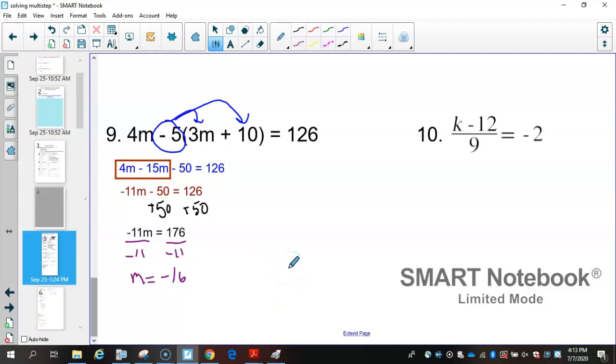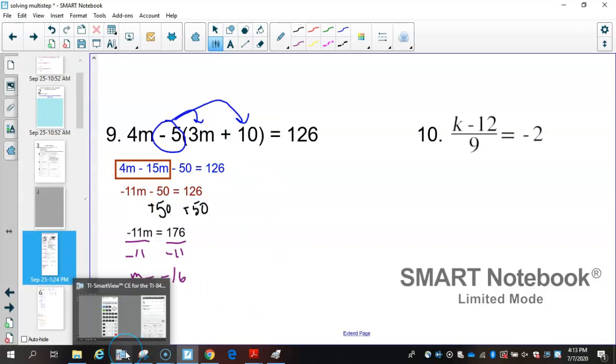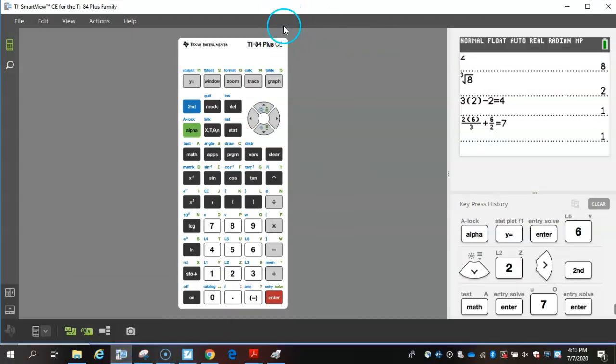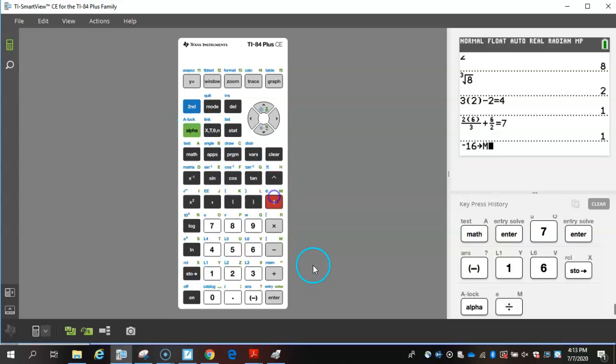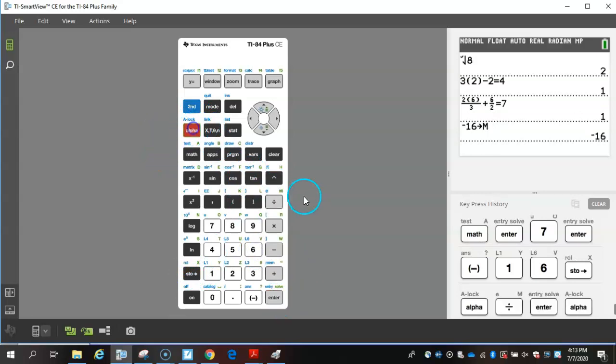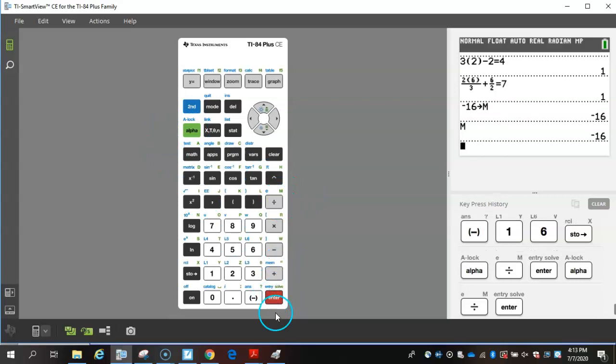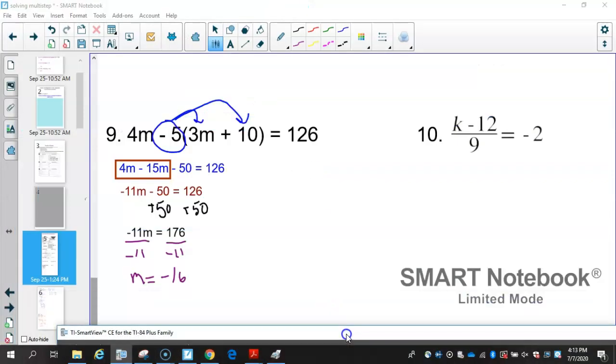Right? Before I go ahead and show you the other method on how to do this, I just want to double check that that does work, because remember, we should always be double checking. So instead of typing in negative 16 every time I have an m, I'm going to go ahead and store negative 16 as m, so that every time I press m, it will automatically do negative 16. Right?